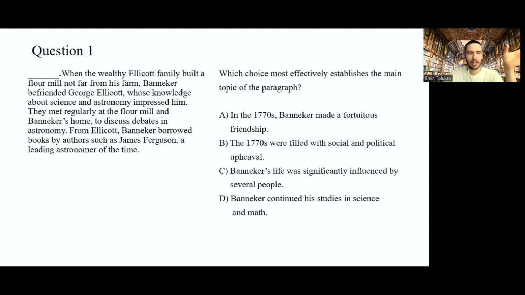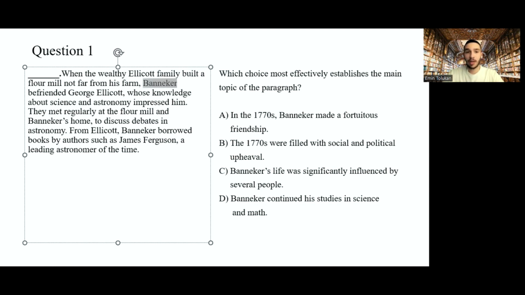One of them is called Banneker, the other one is George Ellicott. I don't know these people, but I'm going to imagine them to understand this passage. When the wealthy Ellicott family built a flour mill not far from his farm, so Ellicott family, George Ellicott, they're building a flour mill. A flour mill is a huge type of building that is used to produce flour that you use in your bread and bakery.